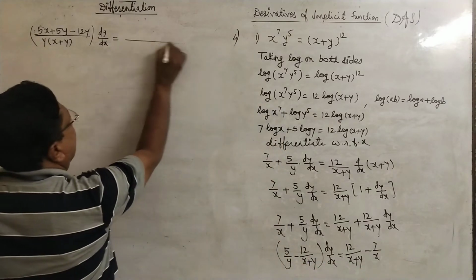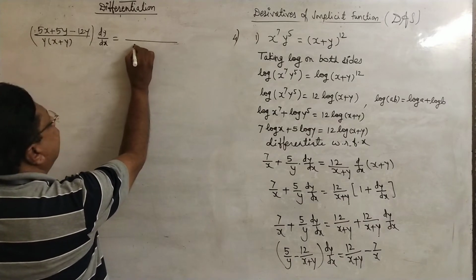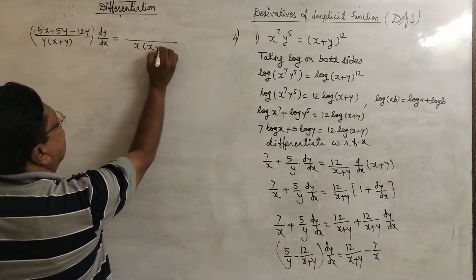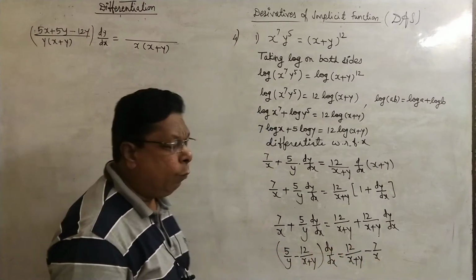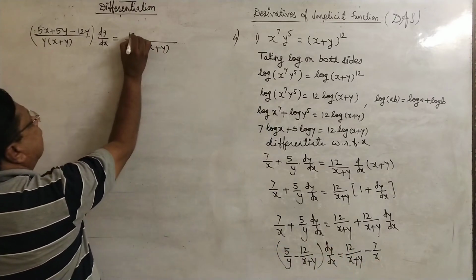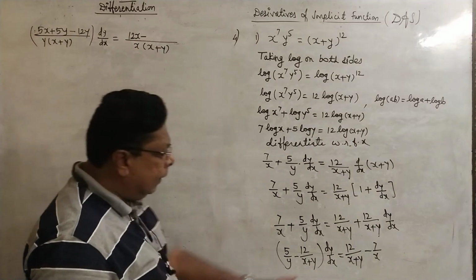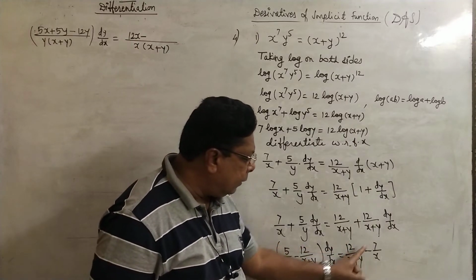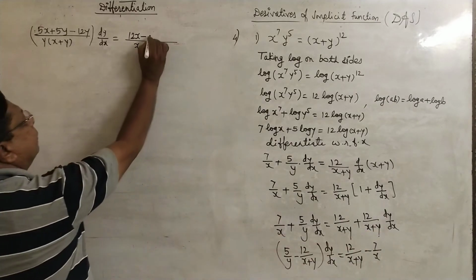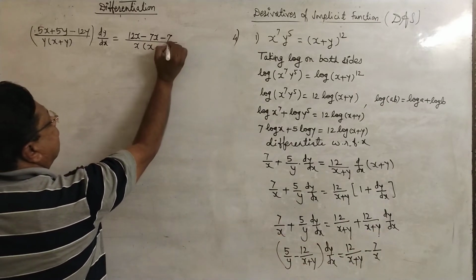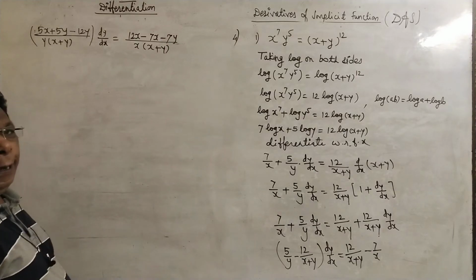LCM is x into x plus y. Here also again take the cross multiplication. x into 12, 12x, minus, here is a minus sign, minus 7 into x plus y, cross multiplication, minus 7x, minus 7y.